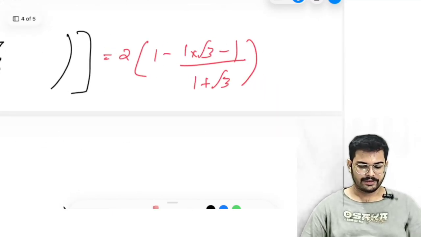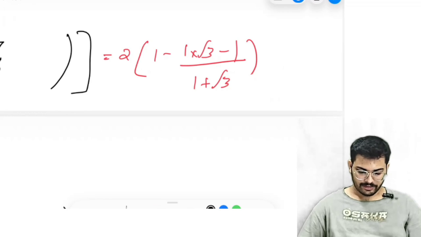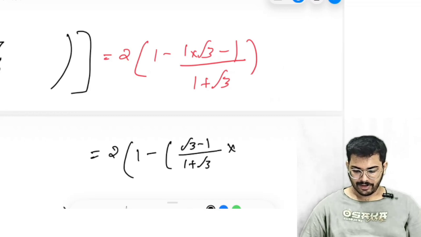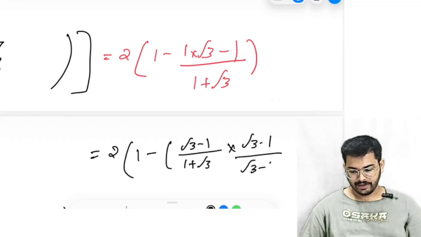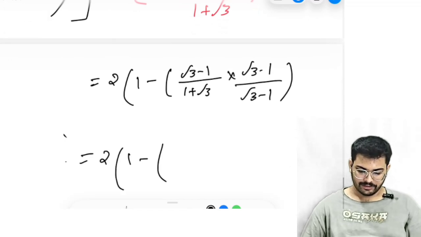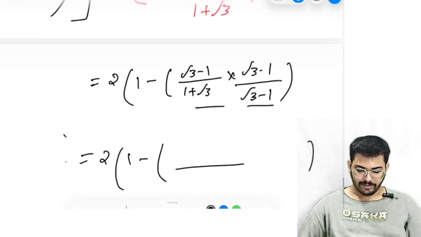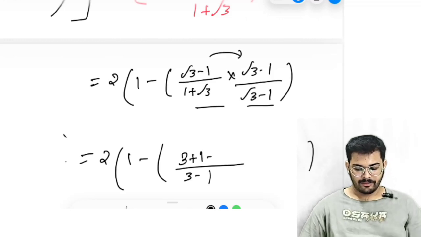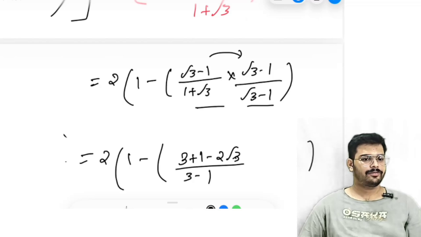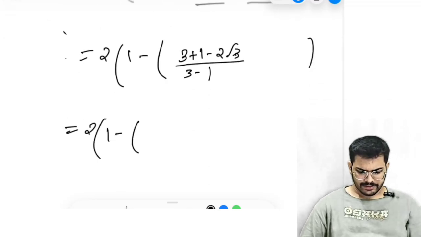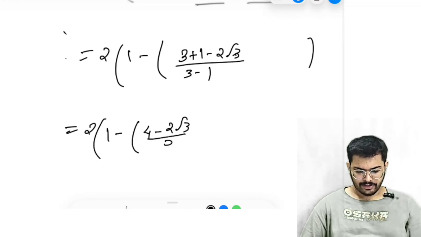We can rationalize this value inside the bracket. So this will become 2 into 1 minus root 3 minus 1 divided by 1 plus root 3. We will multiply with root 3 minus 1 on the numerator and denominator. In the denominator, this will be a square minus b square, so it will be 3 minus 1, and in the numerator, this is a minus b the whole square, which is a square plus b square minus 2ab. Here this will be 2 into 1 minus 4 minus 2 root 3 divided by 2.